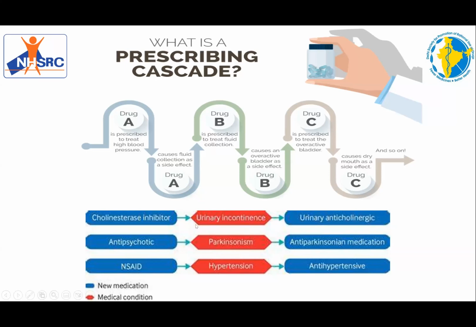Very often in our neuropsychiatry practice, you diagnose a patient of schizophrenia, you start with antipsychotics, and Parkinsonism or extrapyramidal side effects are the known adverse effects of these antipsychotics. We put the patient on anticholinergic drugs, and this goes on. So this is how the prescribing cascade goes.